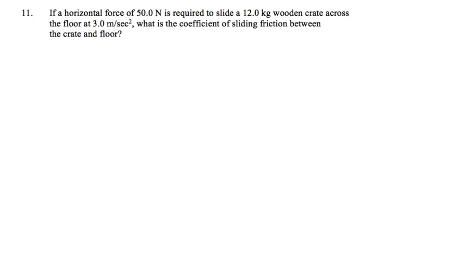So the picture pretty much stays the same as the last one. We're going to have a surface, and we're going to have an object on the surface, and we know what the mass of that object is, so I'll put it right there in the middle, 12.0 kilograms. The object is going to accelerate, so I know that the applied force has to be bigger than the frictional force.